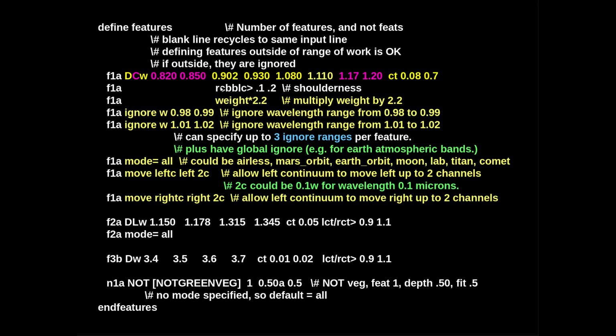If the shoulderness is below 0.1, the correlation coefficient from this least squares continuum removed analysis is set to 0. If it's above 0.2, that number is multiplied by 1. If it's between 0.1 and 0.2, it's linearly interpolated. So if it was 0.15, then the fit would be multiplied by 0.5.